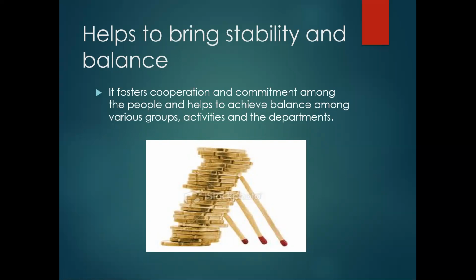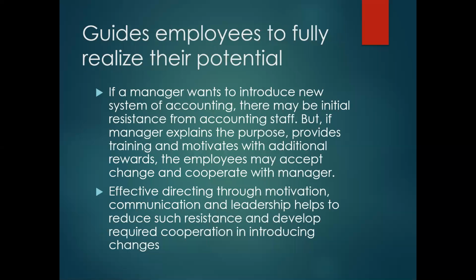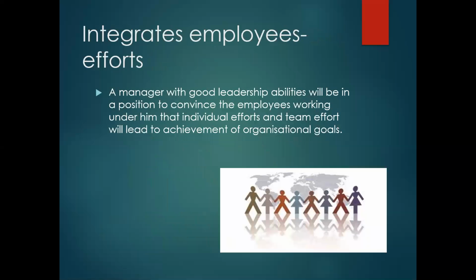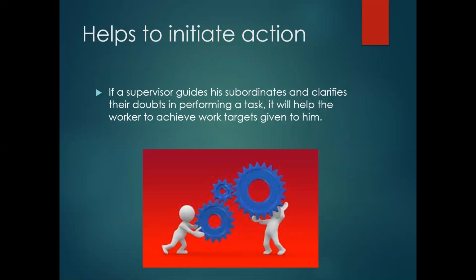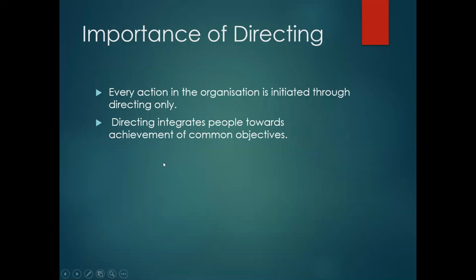So if we recapitulate, the points of importance of directing are: helps to bring stability and balance, guides employees to fully utilize their potential, integrates employee effort and helps to initiate action. Lastly, it integrates the people towards achievement of common goals. I hope that all the points of importance of directing are clear to everyone.